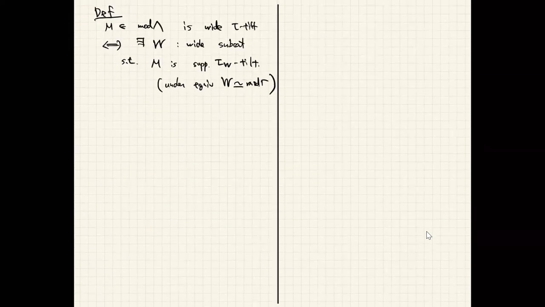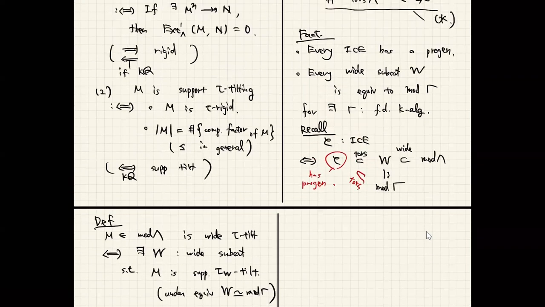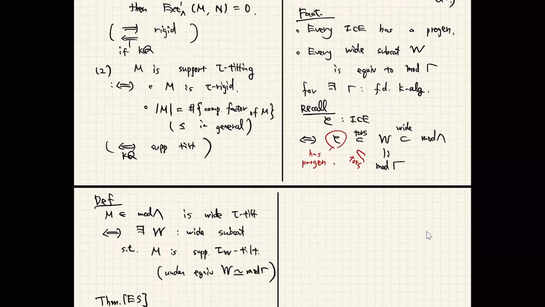But if we adopt this notion, then we can state our final bijection. So assume that there are only finitely many torsion classes. This assumption is rather strong, but there are many examples which satisfy this. For example, the finite type path algebra case or preprojective algebras of finite type, or there are lots of examples.